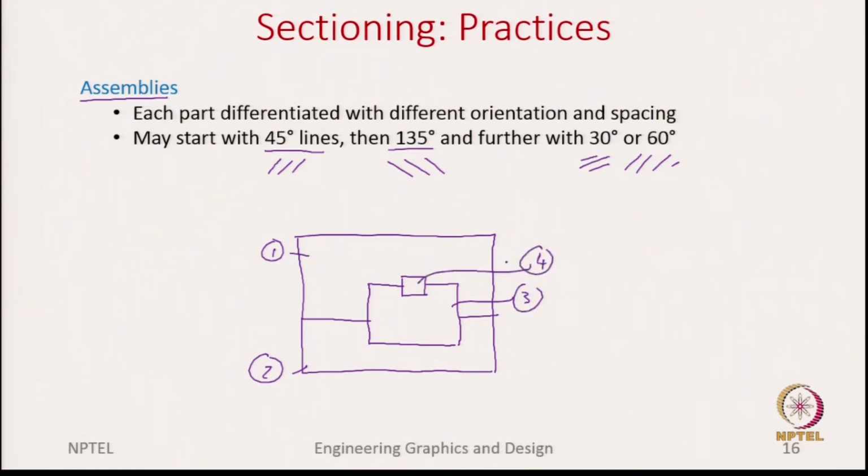So, we have 4 components, and these 4 components what I am showing here is seen at the sectioned area. So, how do we show the hatching? So, the guideline is for the larger area you can pick the 45 degrees lines.